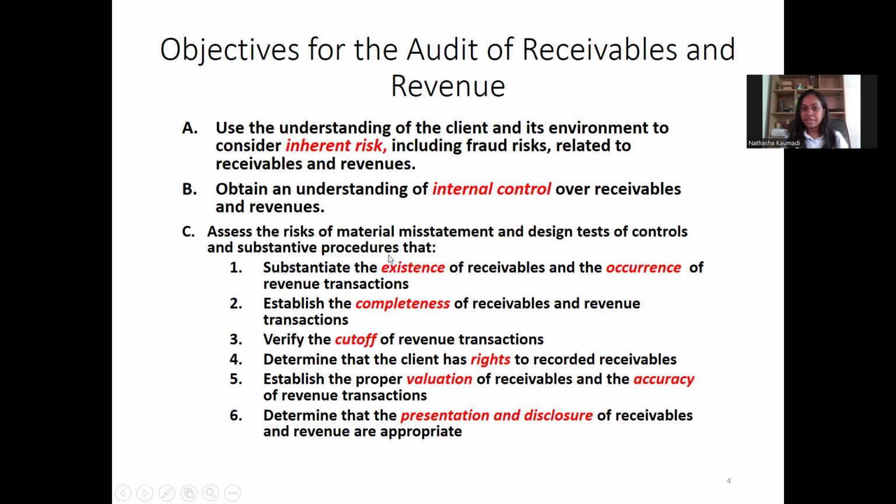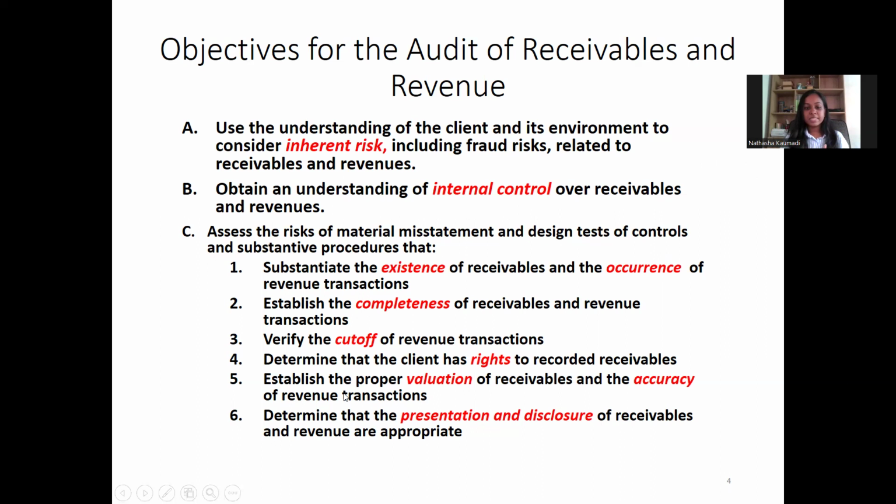After getting to know about the client, environment and their internal controls, you can assess the risk of material misstatements. Now you have to design what tests of controls I'm going to do, what substantive procedures I'm going to do, right?